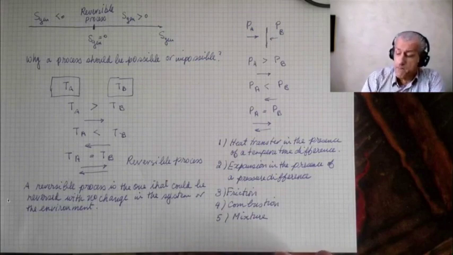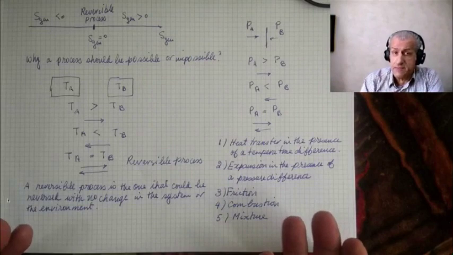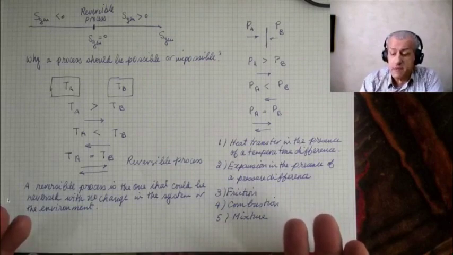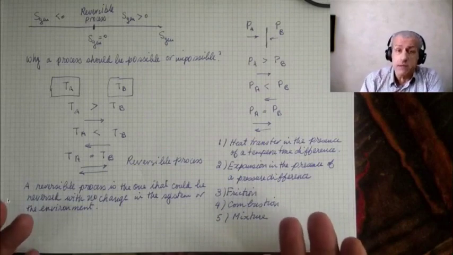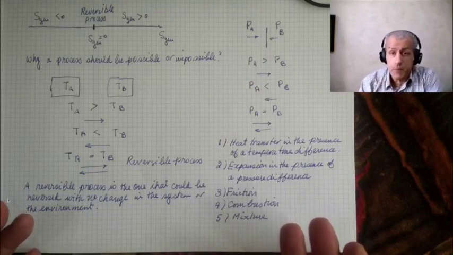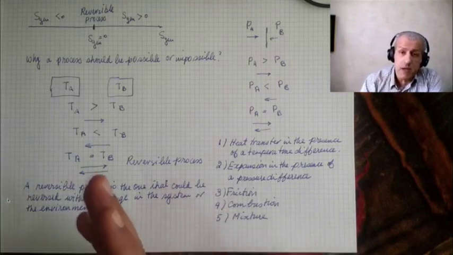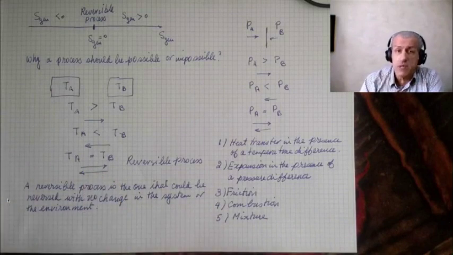So, as it is, real processes are irreversible, they can't return, and because of that, they are possible. Okay, reversible process is the boundary between the two.